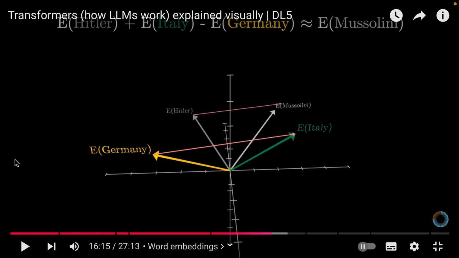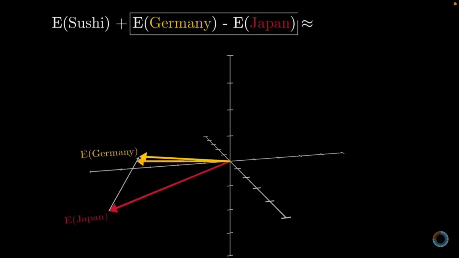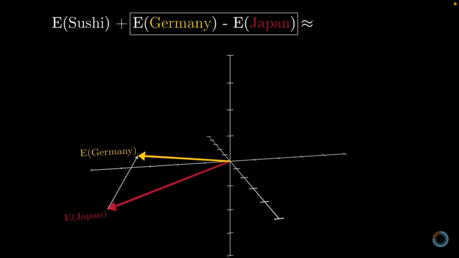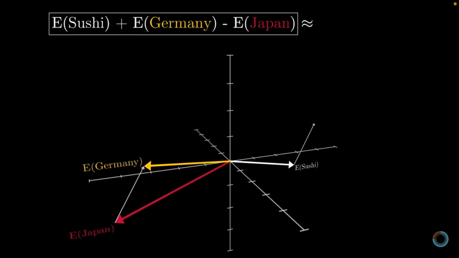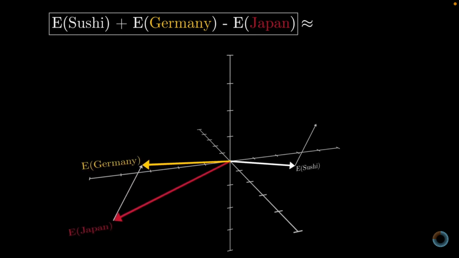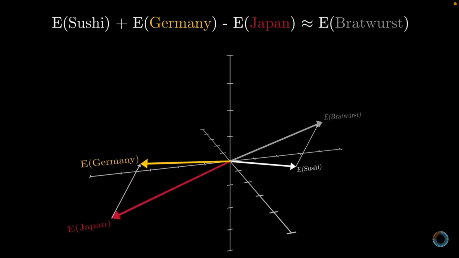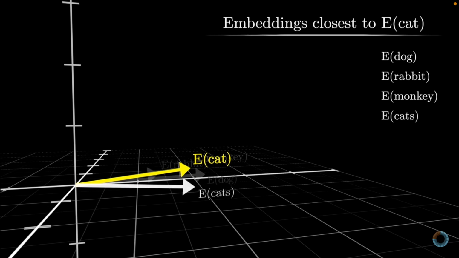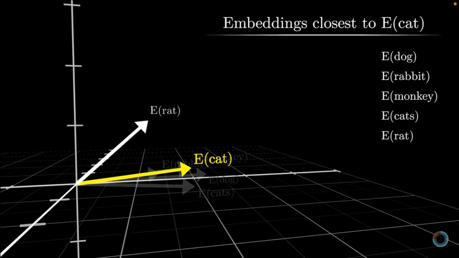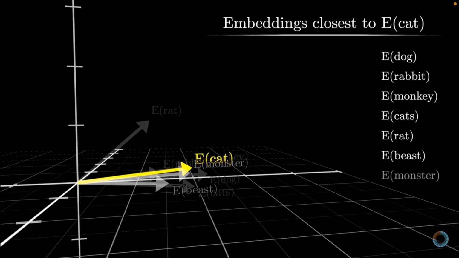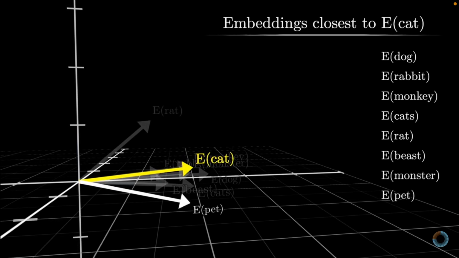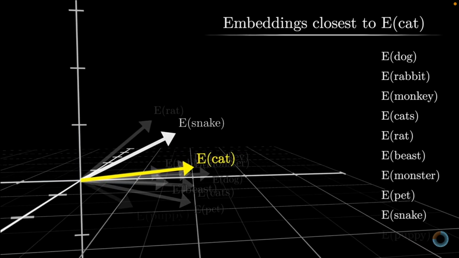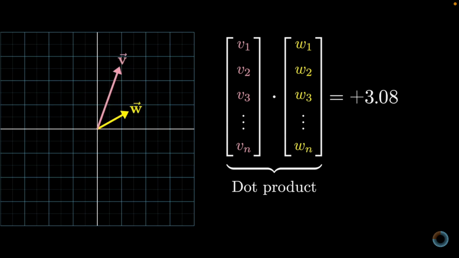Okay, let's keep watching. Maybe my favorite example in this vein is how in some models, if you take the difference between Germany and Japan and you add it to sushi, you end up very close to bratwurst. Also, in playing this game of finding nearest neighbors, I was very pleased to see how close cat was to both beast and monster. One bit of mathematical intuition that's helpful to have in mind, especially for the next chapter, is how the dot product of two vectors can be thought of as a way to measure how well they align.